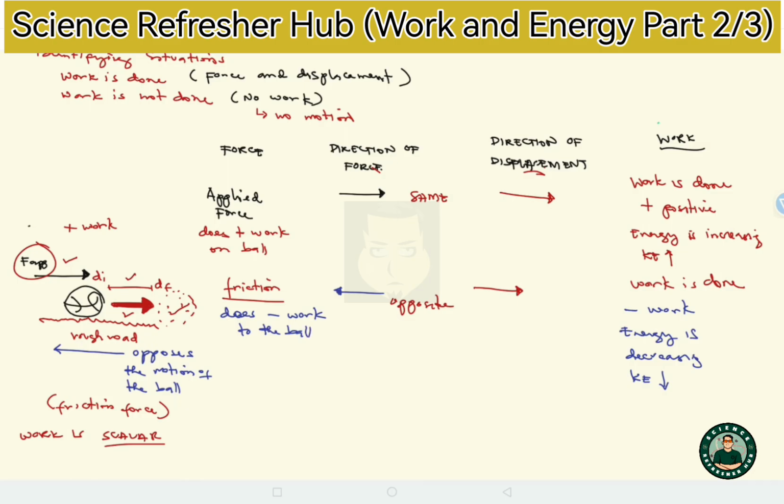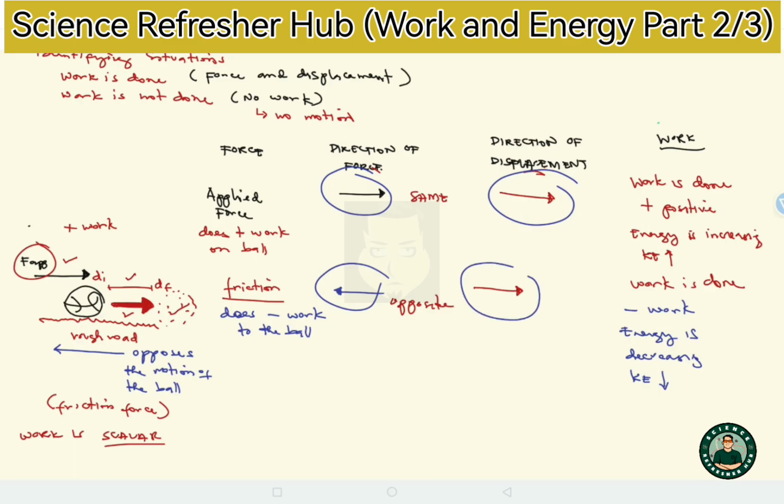I hope you will know how to identify positive work and negative work. Very clear: work is positive when the force and displacement of the object are the same, and work is negative when the directions of force and displacement are opposite, just like this.